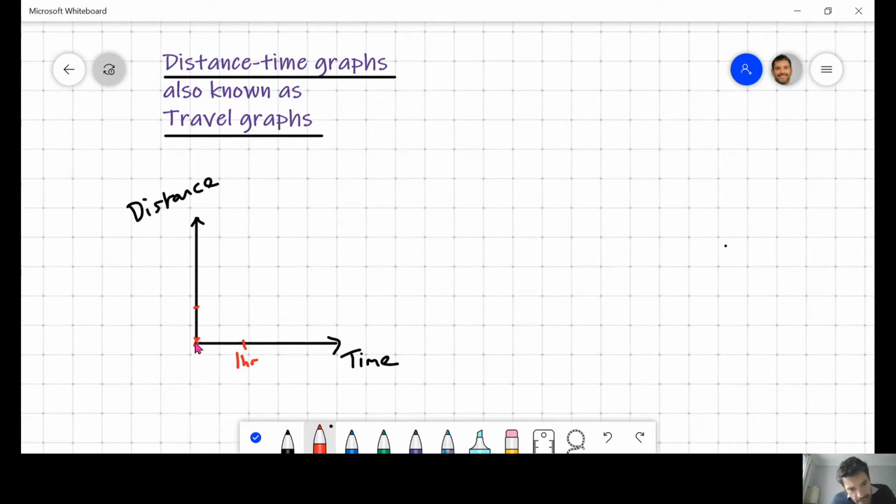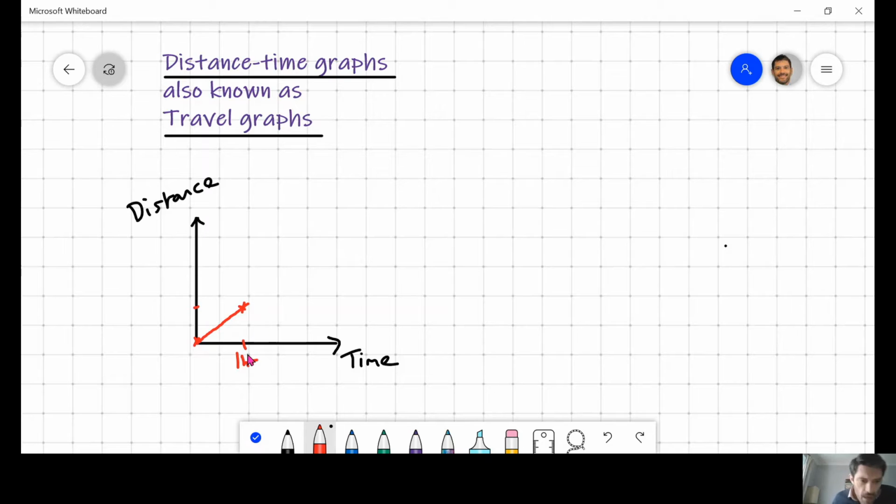Then as the time goes along, we're always moving to the right, going up the x-axis, but the distance also increases at the same time, so I'm going up the y-axis too. After 1 hour we've gone whatever distance this is.